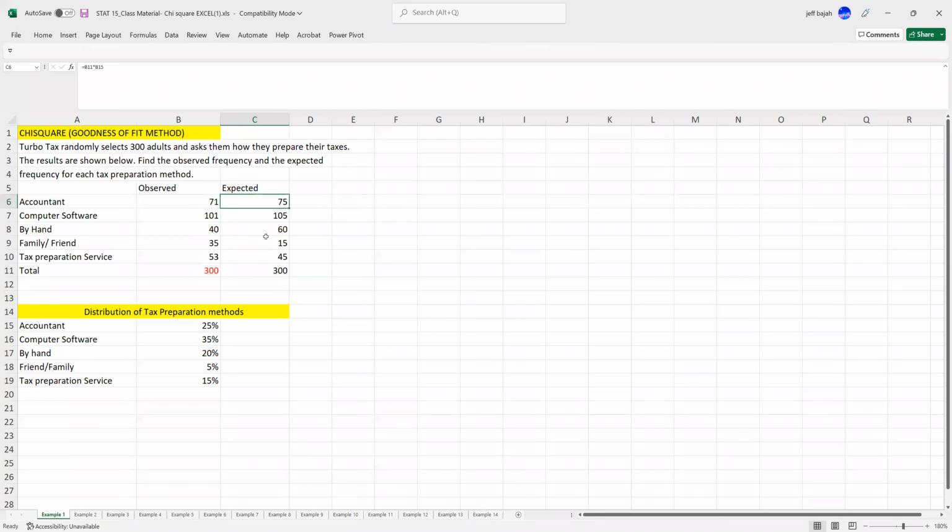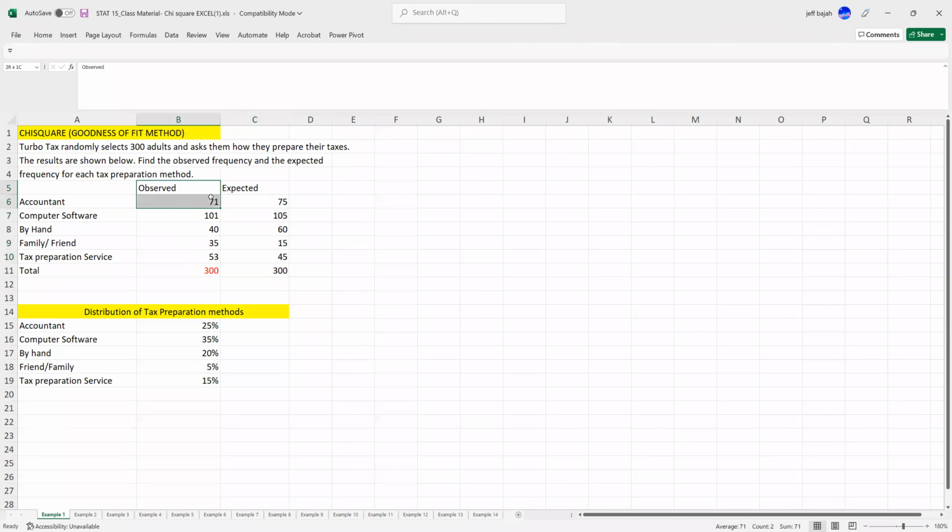This is what is expected, but this is what you observed. So it is very important for you to tell the difference. This is expected based on what has always been. This is observed because you did your own survey and your results came a little bit different from what has always been expected.